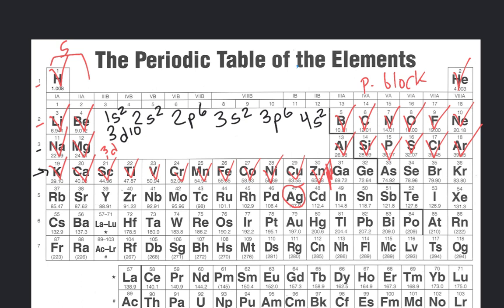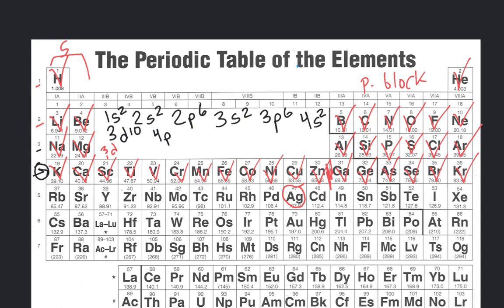After the 3D10, we're in the fourth row, remember. The D block is always down in energy level. So once we get back to the P's, we have to start the fourth. We're in the fourth row for the P's. So that's 4P1 gallium, 4P2 germanium, 4P3, 4P4, 4P5, and 4P6 is krypton.